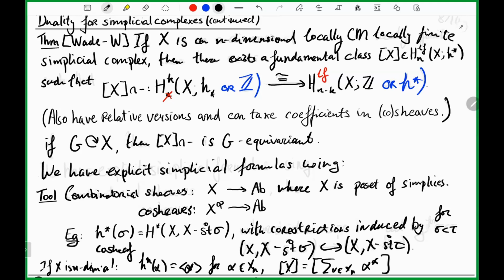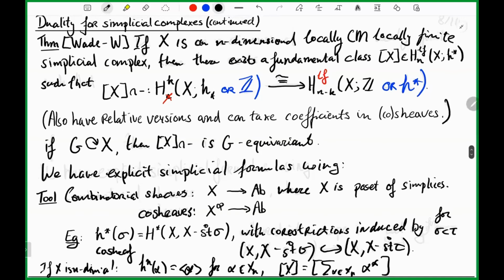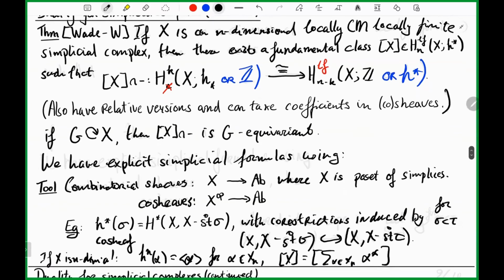For the duality statement, you need to fix an orientation of the simplicial complex, in the sense that you need to fix an orientation of these simplices. And this construction takes an orientation into account, but does not depend on the choice. That's maybe a detail if you want to know more about it. Okay.